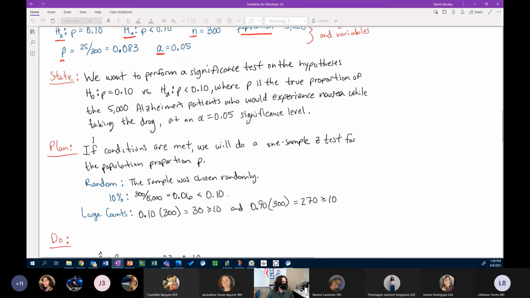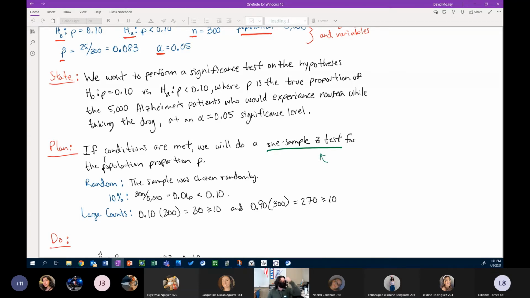Okay, then we can move on to the plan step. There are a couple of important things in our plan step. We have the statement, if conditions are met. It's kind of the intro part of our statement, saying that if things work out, we'll do this inference method. In this case, we're using the one sample z-test for the population proportion p.